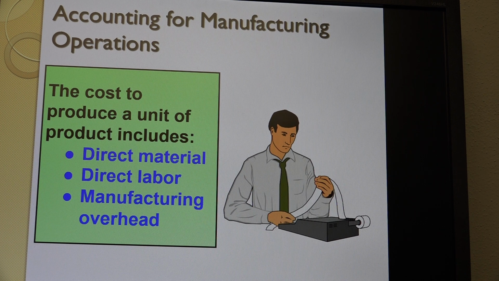But the key there is you don't make the product yourself. Walmart's like that. They are a merchandiser. They don't make the stuff they sell. Well, manufacturing operations, totally different deal. They take materials called raw materials that they produce.